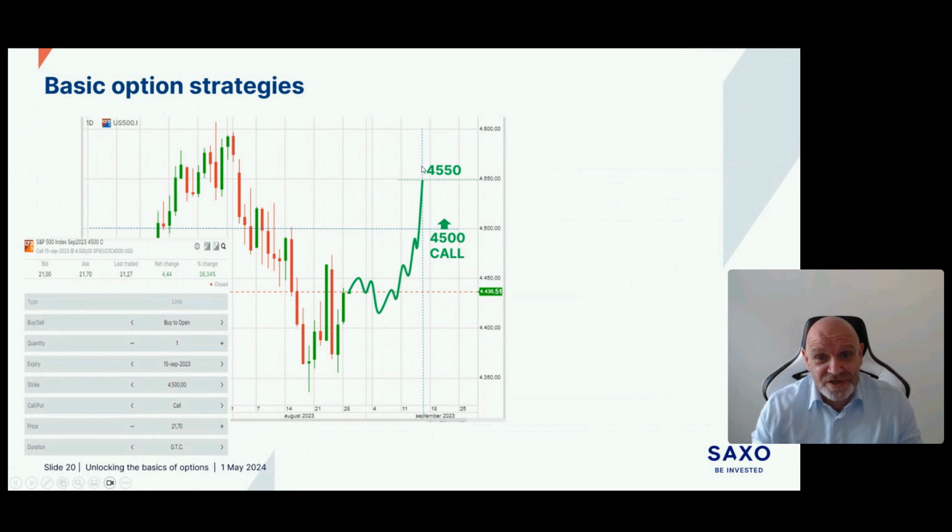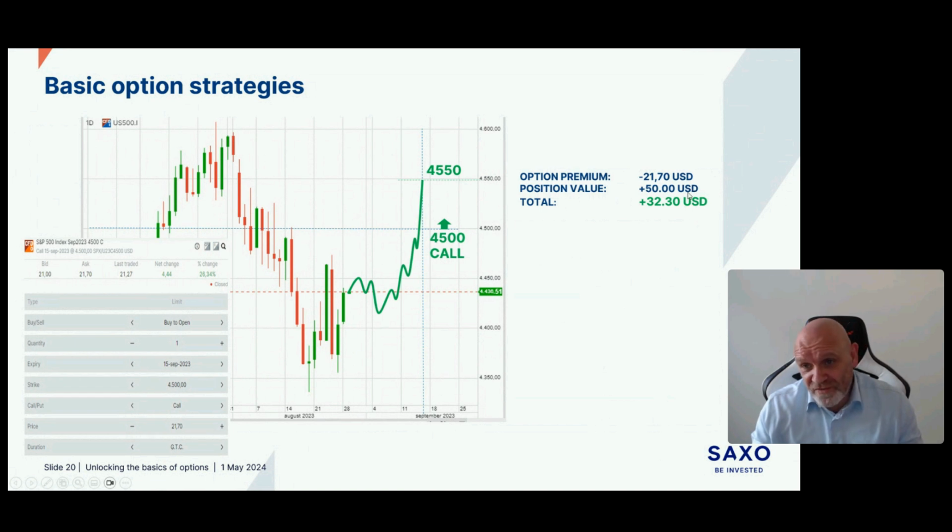At the moment of expiration, the price is 4,550, and it cost us 21.70 per underlying in the option contract. That would mean that we have a strike price of 4,500. It went to 4,550. We would make $50 per share.